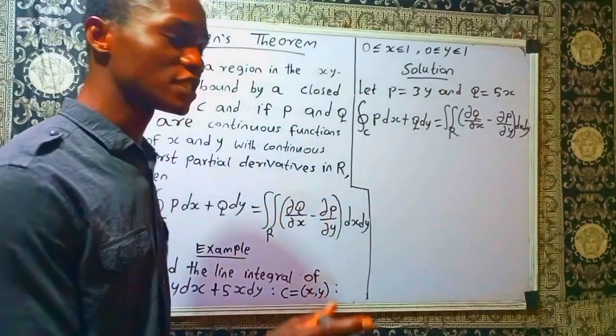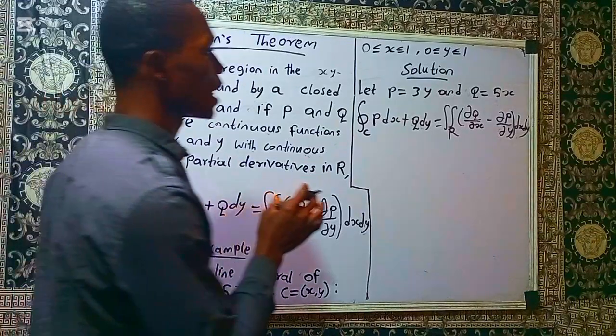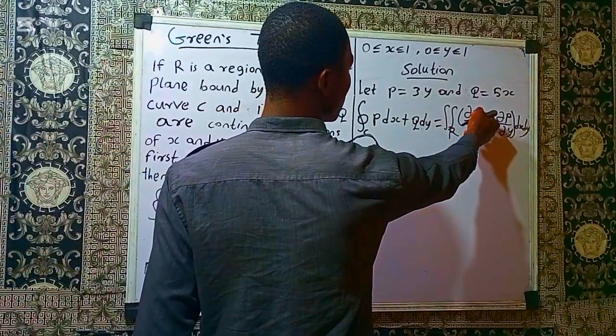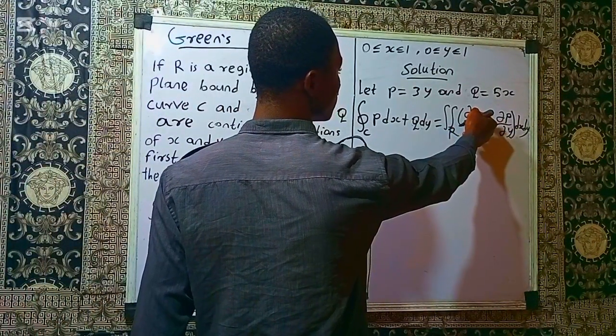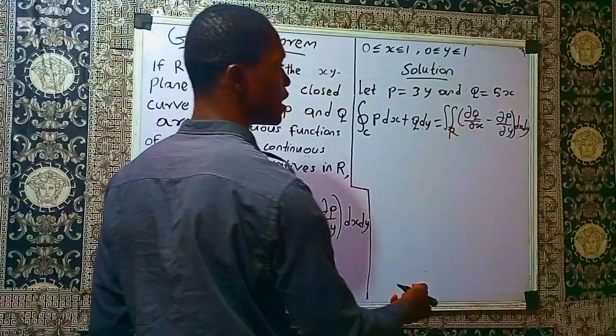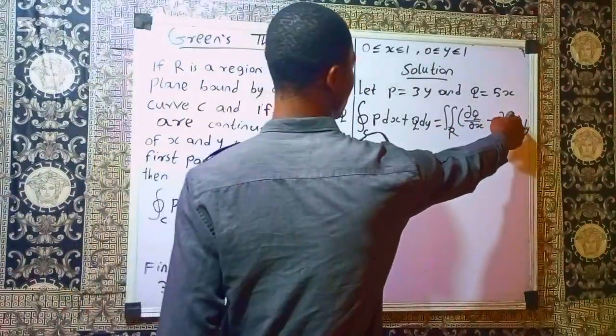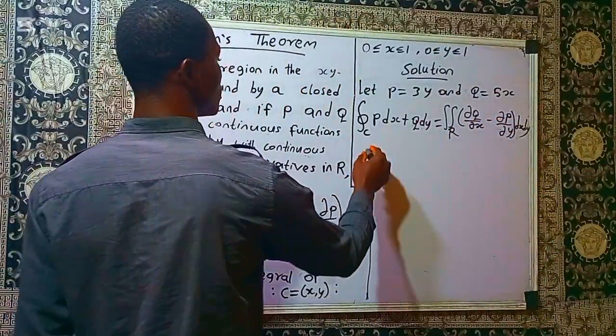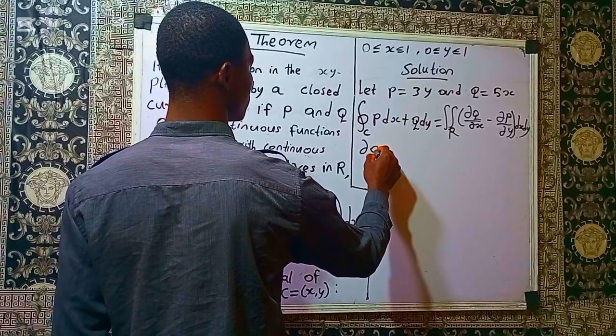So this is the statement of the theorem. So we need to get what partial Q partial x is, and what partial P partial y is.